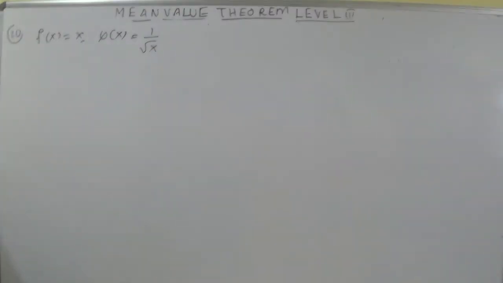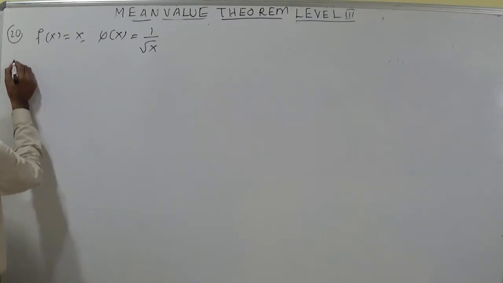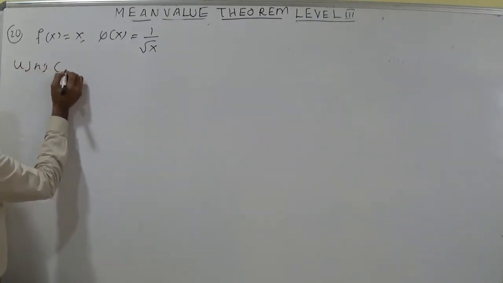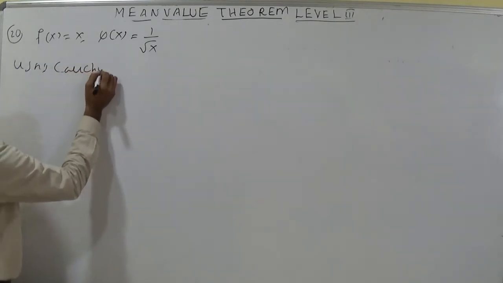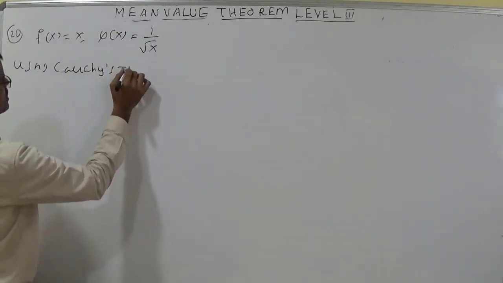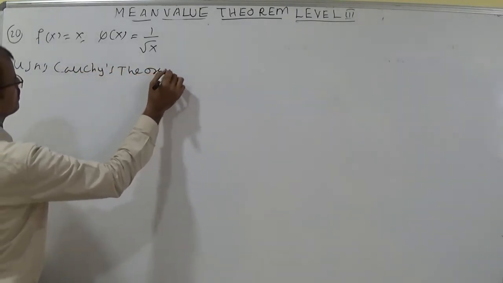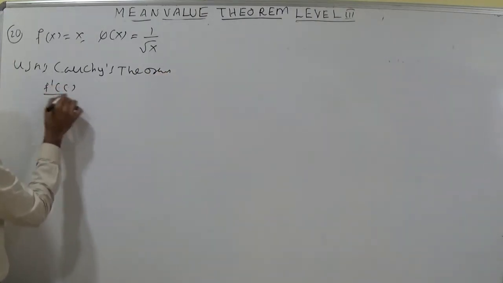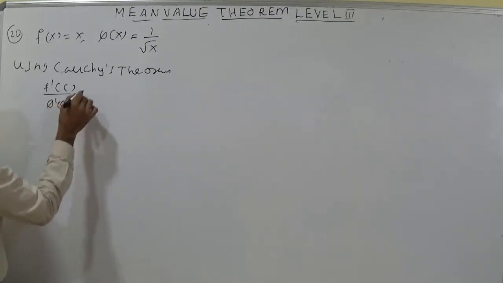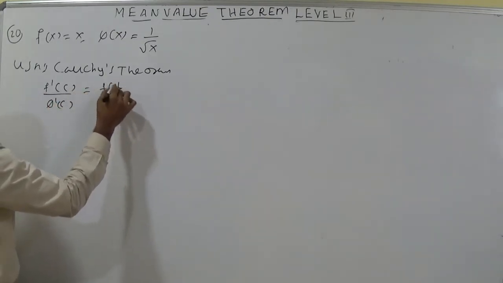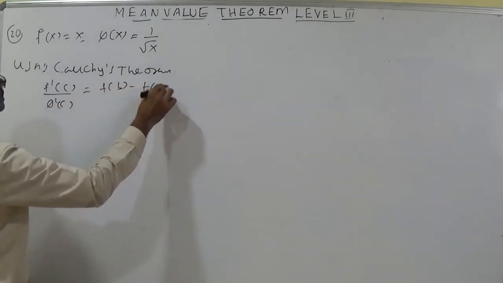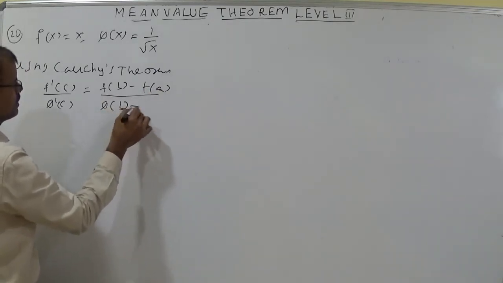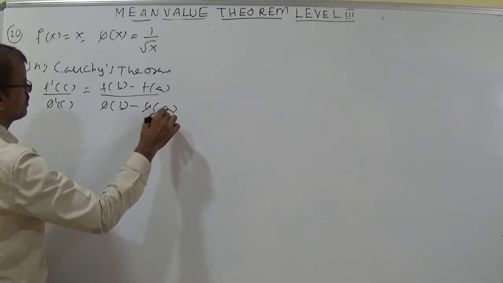So for combined functions, using Cauchy's theorem. The Cauchy's theorem formula: f dash c by phi dash c is equal to f of b minus f of a whole by phi of b minus phi of a.